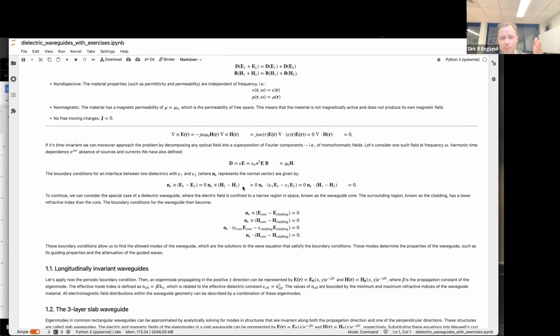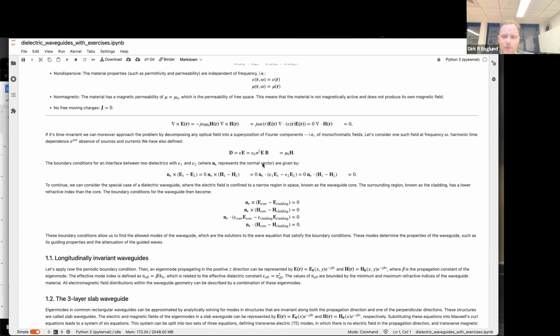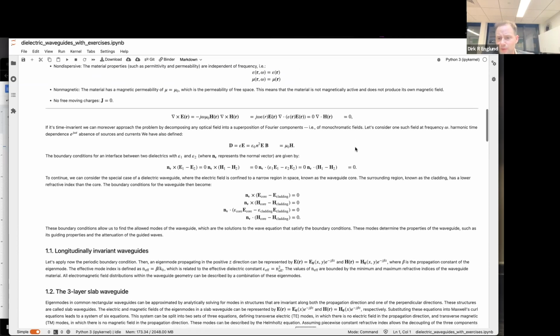And if it's time invariant, moreover, we can approach the problem by decomposing into Fourier components, and this allows us to take the Fourier transform of Maxwell's equations, which is given here. Then let's consider the field at one particular frequency, omega, and in the absence of sources and of charges and currents, we can simplify Maxwell's equations to this form here.